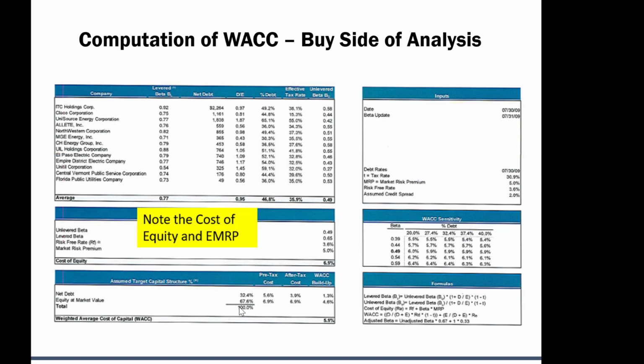This should be the market cost of equity, not the book cost of equity. So the net debt might be the book number on the balance sheet, but the equity relative to the debt should include the market to book or price to book ratio. You should increase it, and then you get the 6.9 equity beta.